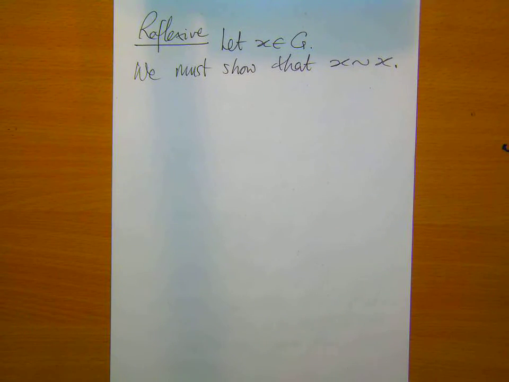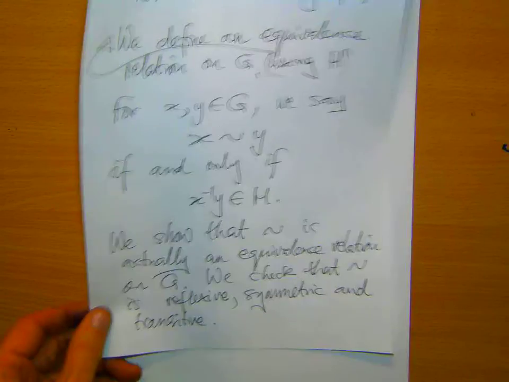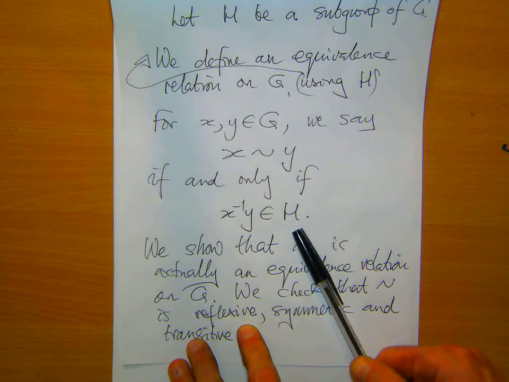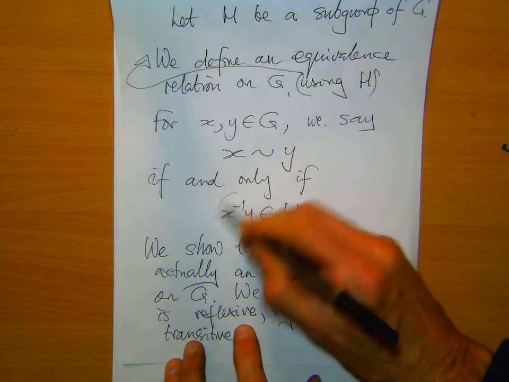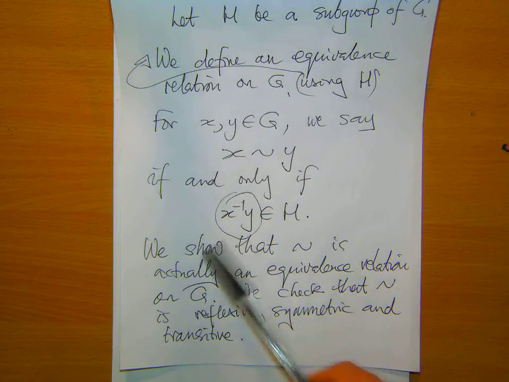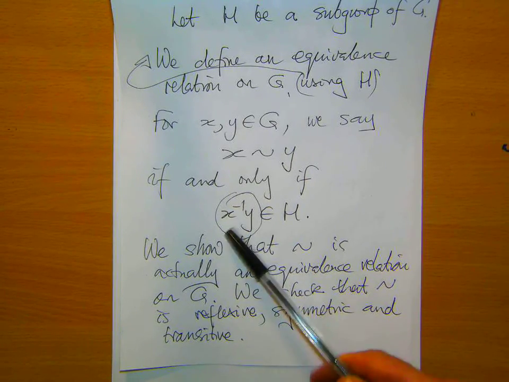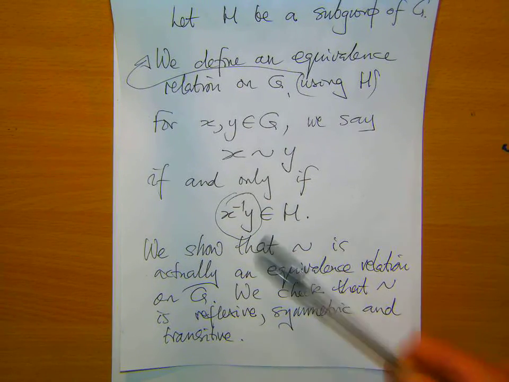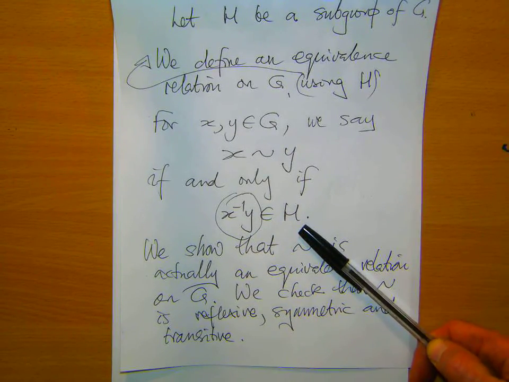Well, remember what the relation is. x is related to y if and only if x inverse y is in H. So the thing that we're interested in is computing x inverse y and checking whether or not it's in H. And you can see that if x and y are the same thing, we're going to get x inverse x, which is the identity, and the identity element is certainly in H because H is a subgroup.